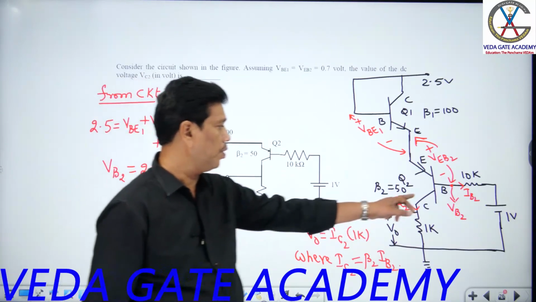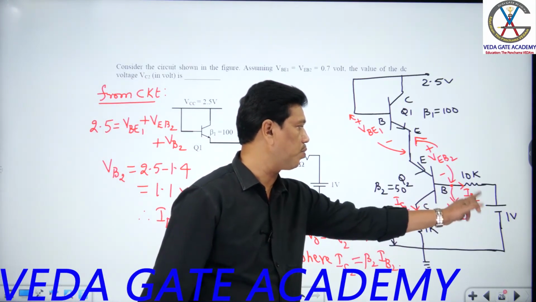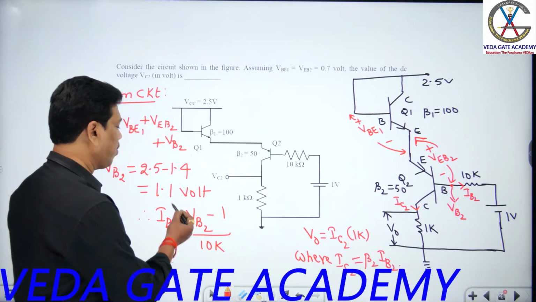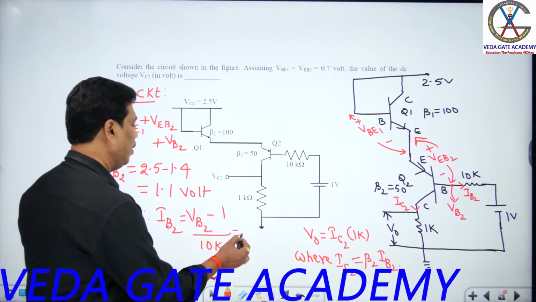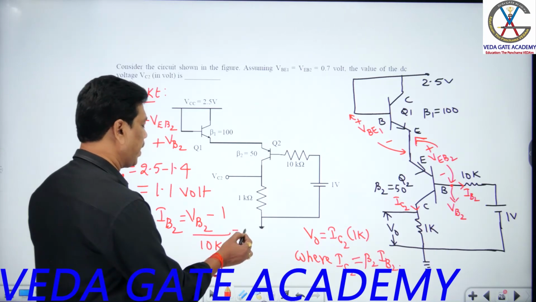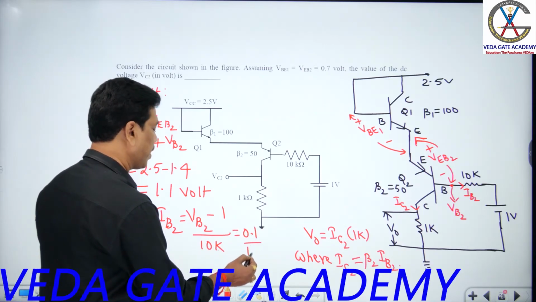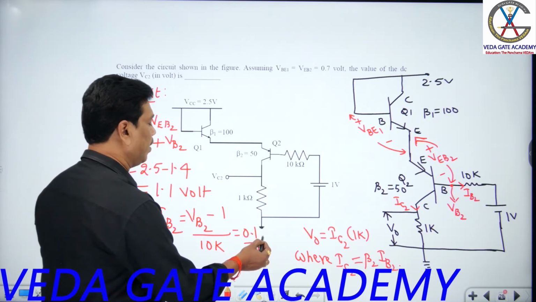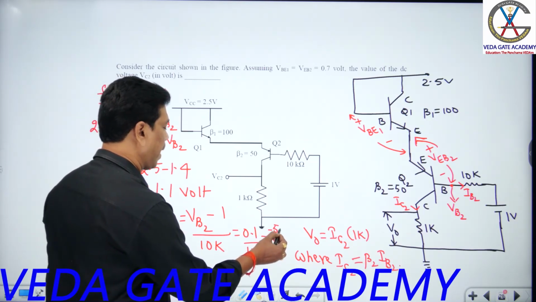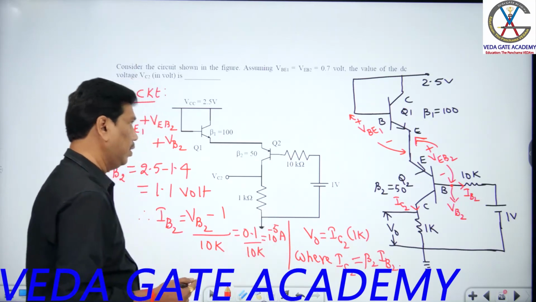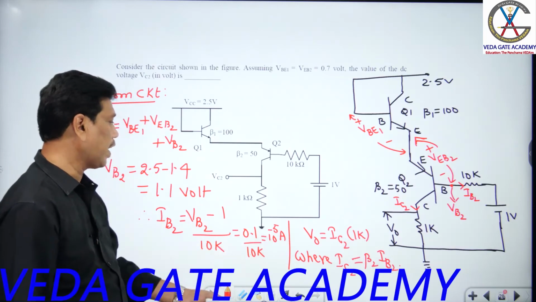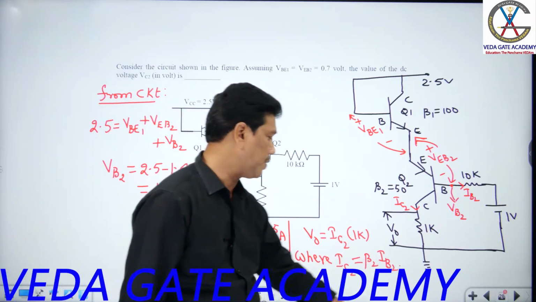VB2 is already 1.1, so 1.1 minus 1 becomes 0.1 by 10K, students. Taking the numerator, it becomes 10 power minus 4 into 0.1, that becomes 10 power minus 5 ampere. I got IB2, students. Thereby I can get IC2 now.